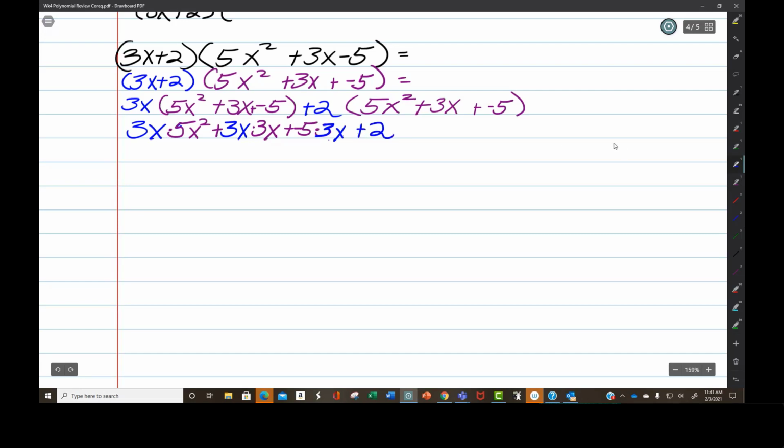Plus 2 times 5x squared, plus 2, well, it's times plus 3x, but it's positive 3x, plus 2 times negative 5.